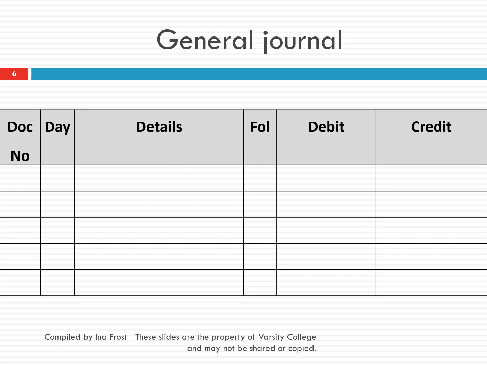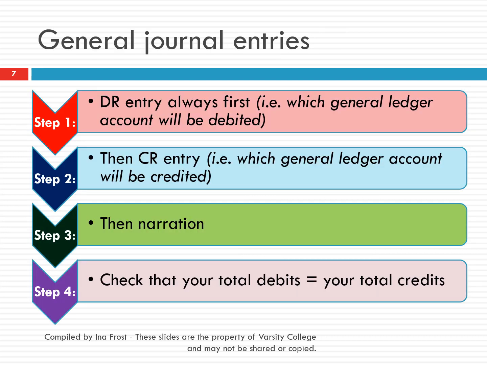This is what a general journal looks like. Let's just recap quickly the steps that we need to follow to make a general journal entry. A general journal entry consists of 4 steps. Step number 1, you write down the name of the general ledger account that you will debit.